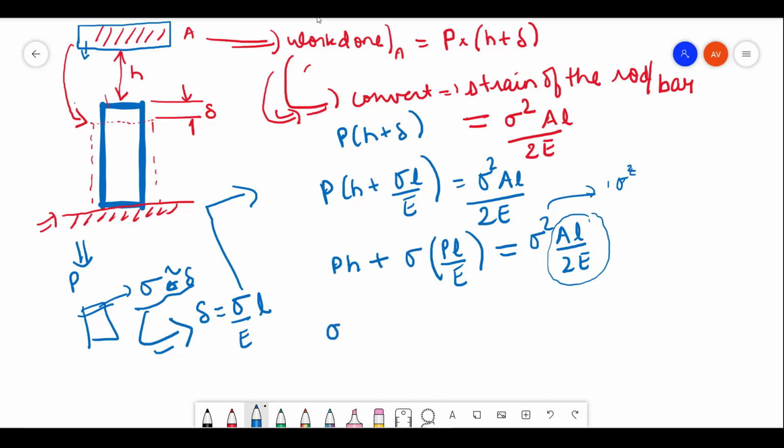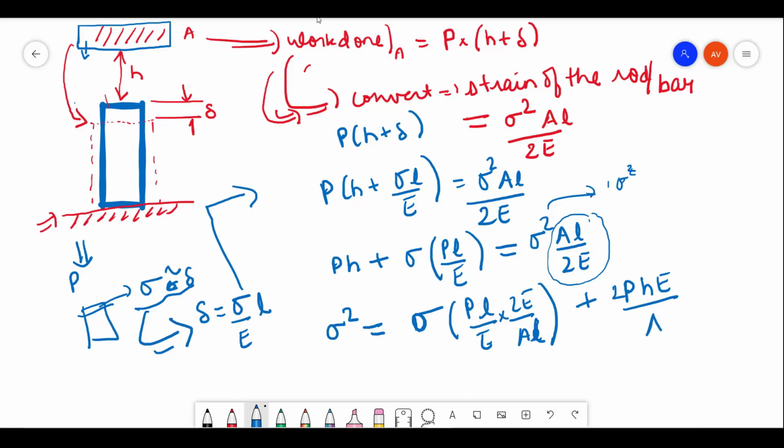Therefore you will get sigma square equal to sigma into PL by E into 2E by AL, plus 2PHE by AL.